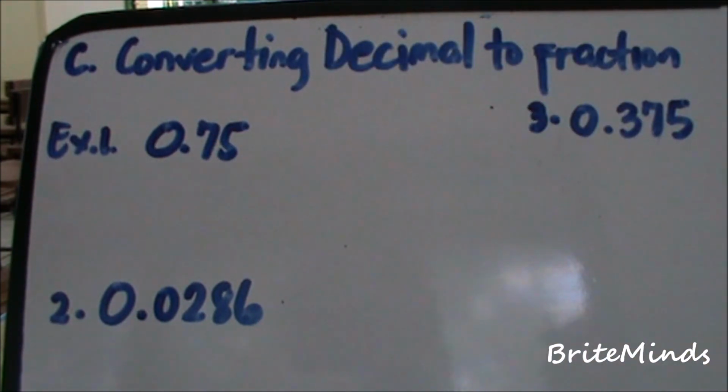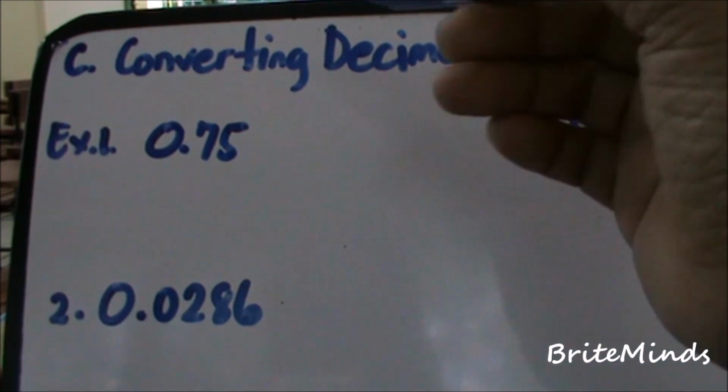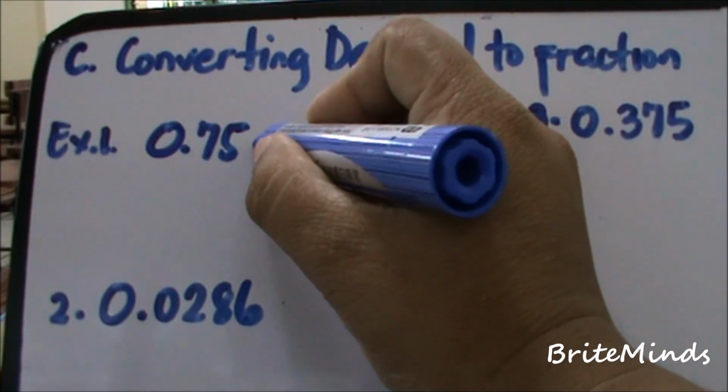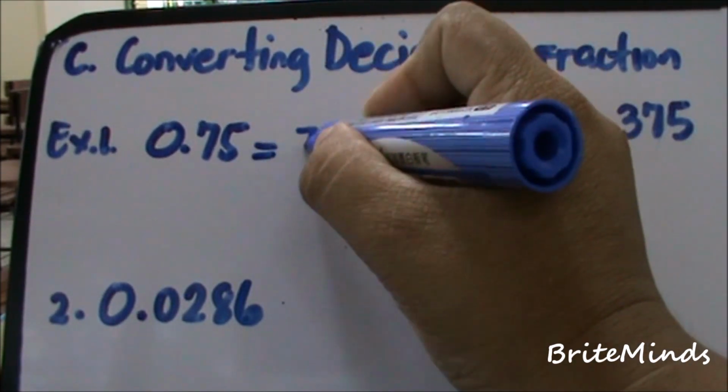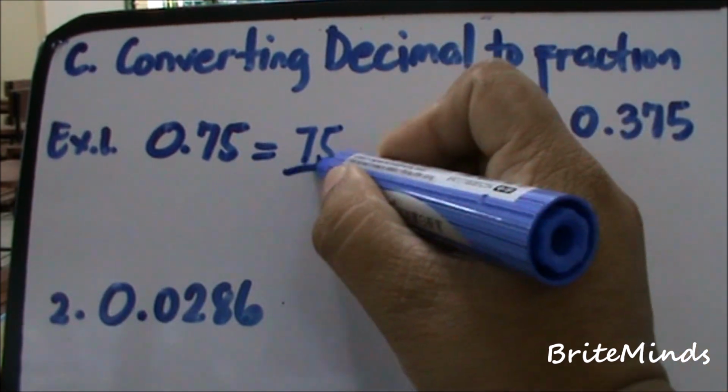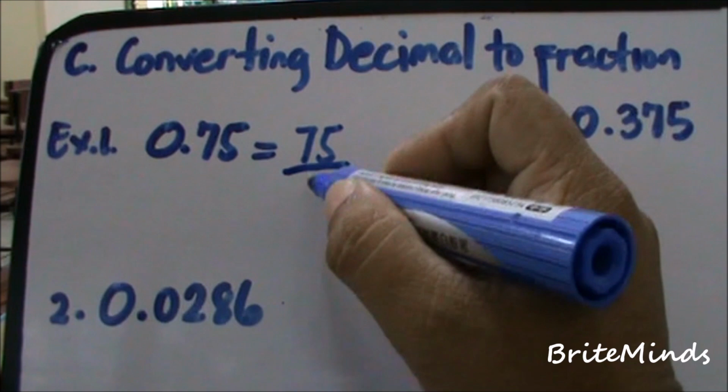0.75, or we can read it as 75 hundredths. So how are we going to change it to fraction? So we know that this is 75 hundredths, so we simply write 75 over 100.